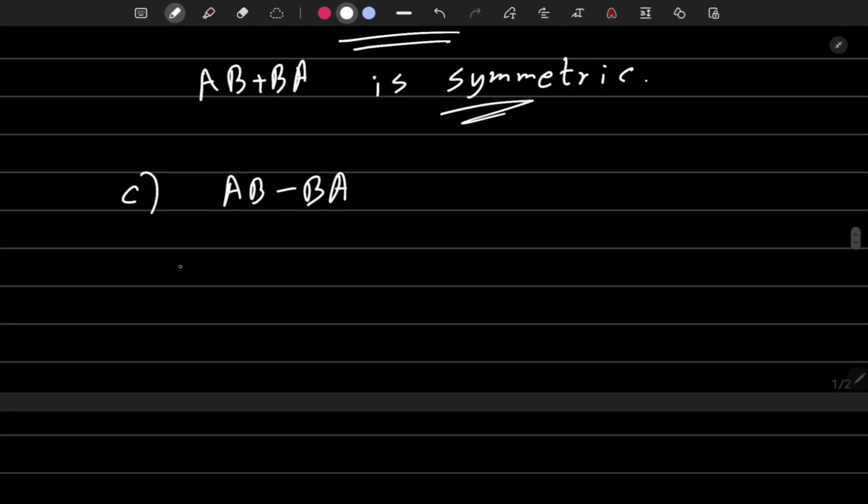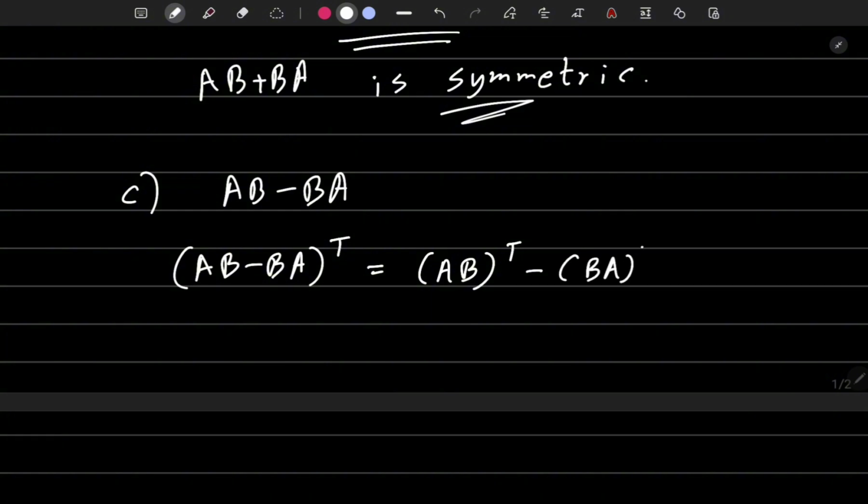I'm going to take the transpose of AB minus the transpose of BA.